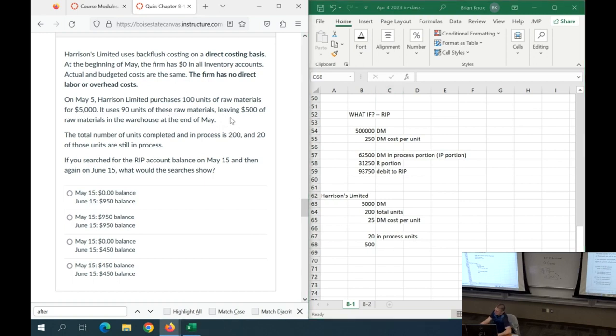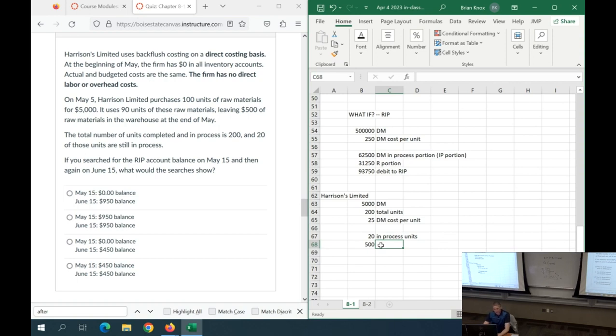I know what this problem is doing. I mentioned how we don't care about the double counting with raw materials. We usually don't. This problem, I forgot about that.